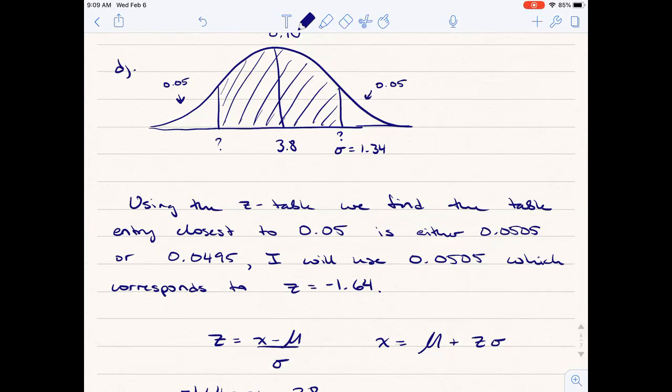Now we just need to find this cutoff. What we can do is go ahead and find 0.95, the z closest to 0.95, because that would be the area below it. Or you can just say, by symmetry, if this was negative 1.64, then this must be a z of 1.64, the positive version.